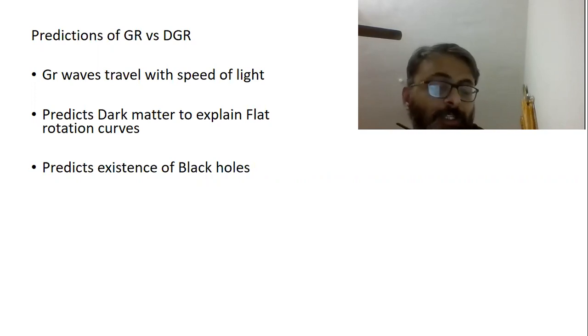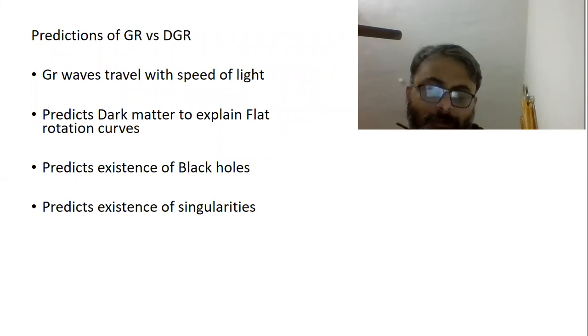It can also explain what is there at the center where there is a singularity. General relativity predicts the singularity, where all the laws of physics break down. But DGR has no such singularity there. There are only t equals 0 compartments where destruction is happening.